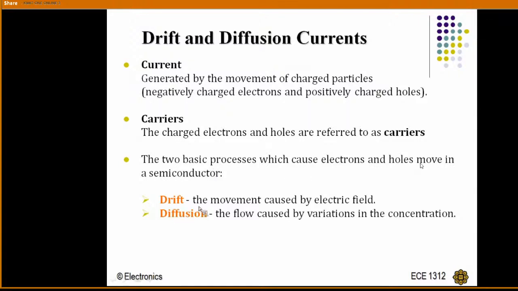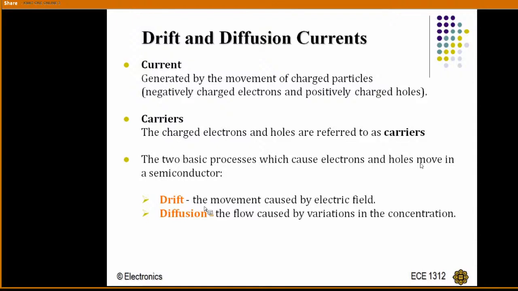First one, drift current. Drift is when any charged particle is moving with the help of an external electric field. That means if you are applying an electric field and a charged particle is moving, that is a drift current. If you are pushing an electron with the help of an external supply, the electron moves from one place to another place, causing a current.